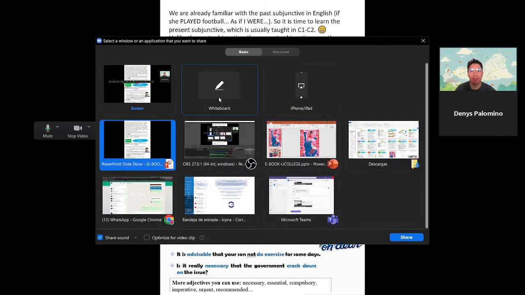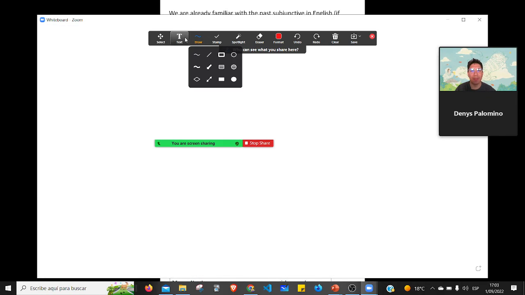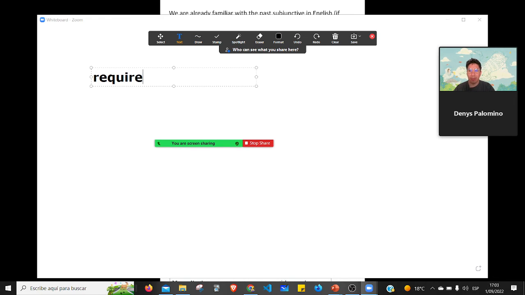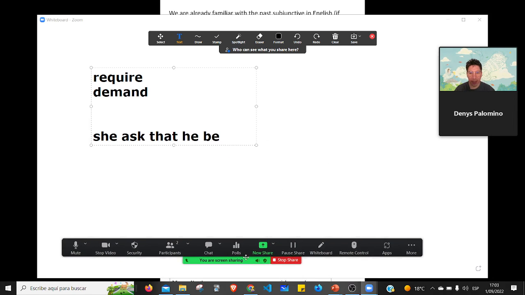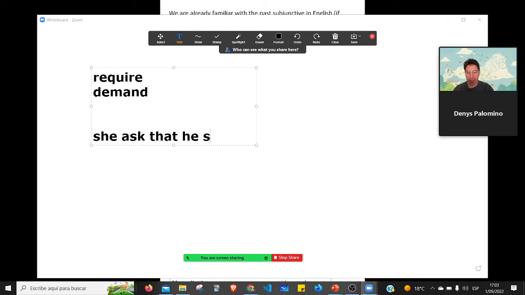For example, this one. We have verbs such as require, demand, ask, that he be. Do you remember? Or that he study a lot.